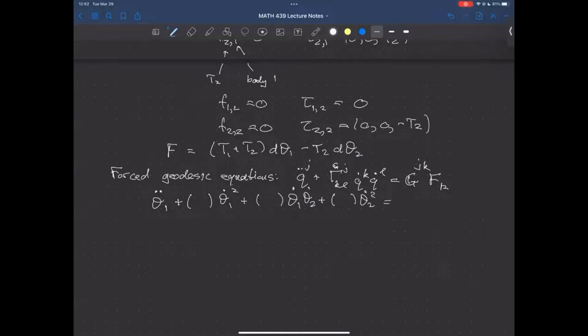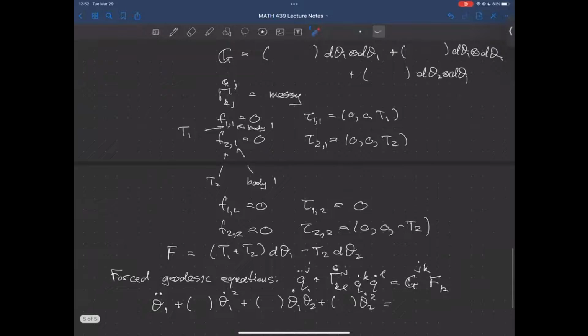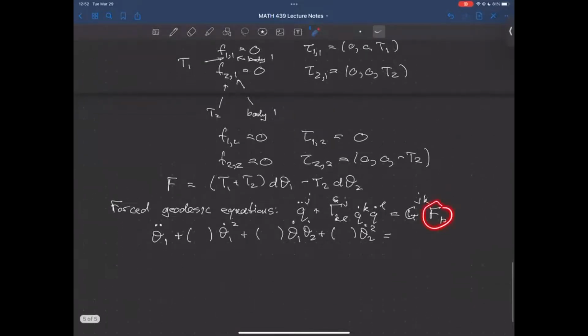Okay. Then you're going to get stuff which comes from this term, right? So it's going to be the components of the inverse of the components of G. Okay, so that's generally going to be pretty messy, times the components of the vector F, which are very simple. Okay, so what are you going to get here? You're going to get a 2 by 2 matrix, which is that thing, times the vector with 1, 2 components.